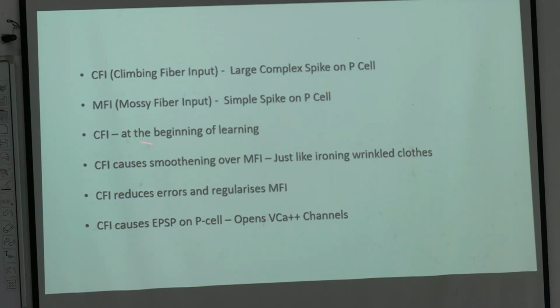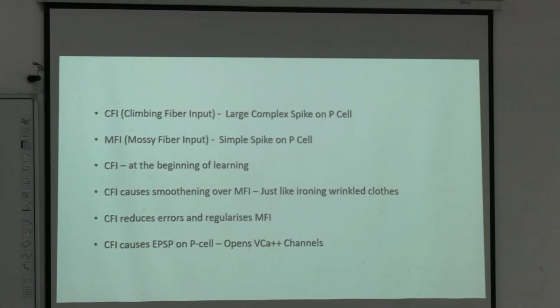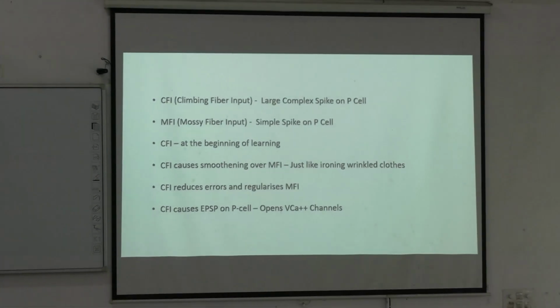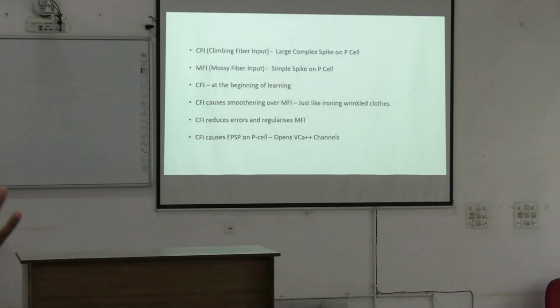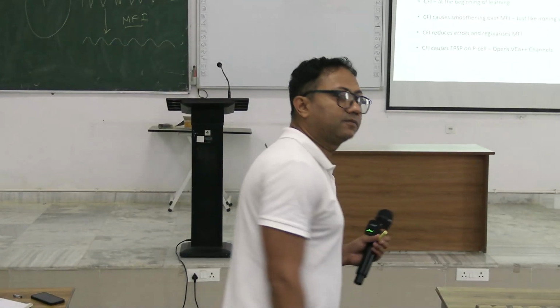CFI reduces errors and regularizes MFI. CFI causes EPSP, but this part is not required for you. CFI is basically causing long-term depression of the Purkinje cell, and that is responsible for your learning.